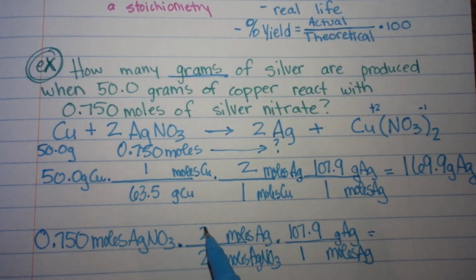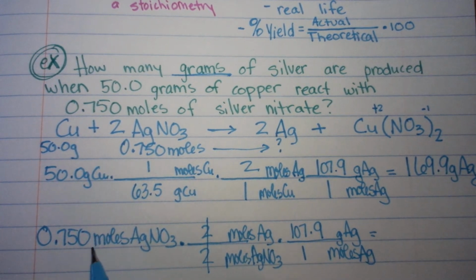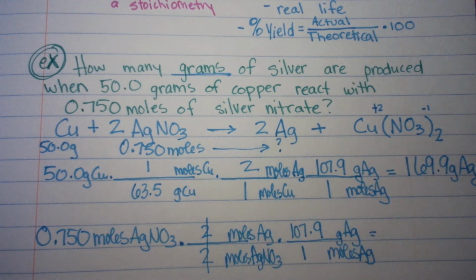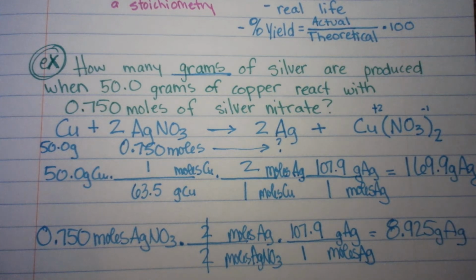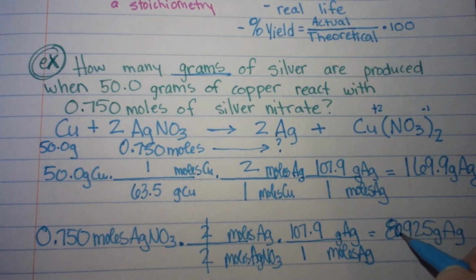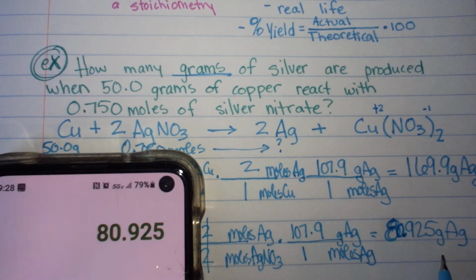Now, I can acknowledge that my 2 cancels there. And so I really just have to multiply 0.75 times 107.9. Sorry, so it should be 80.925 grams of silver.